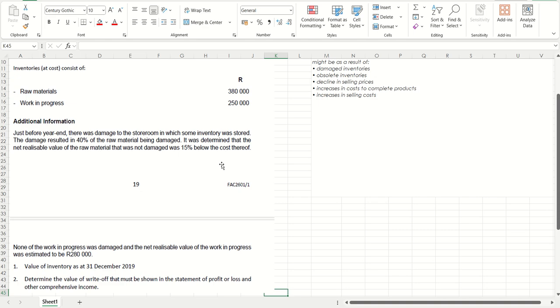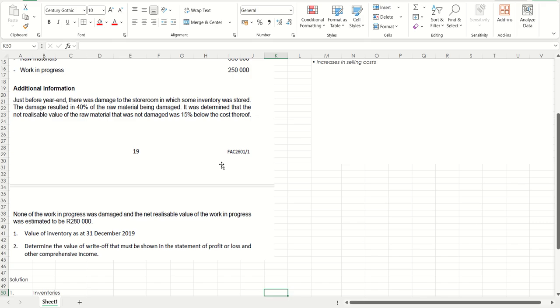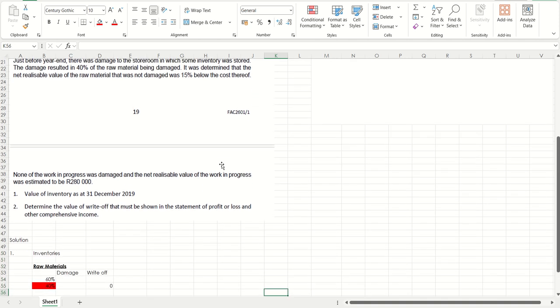With that principle of recognizing the net realizable value for the work in progress, it is valued at the lower of cost and net realizable value. So you compare the cost and the net realizable value. In the instance where the cost is lower than the net realizable value, you go with the cost figure.